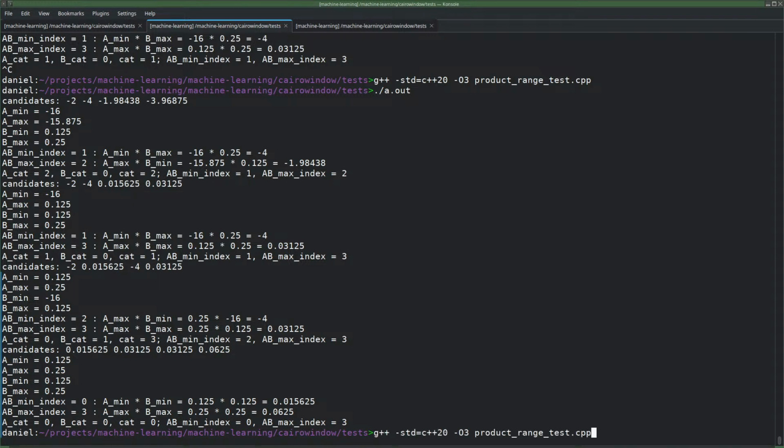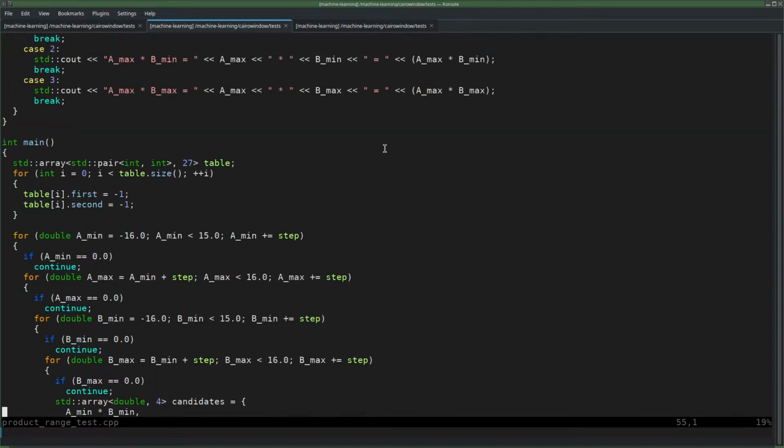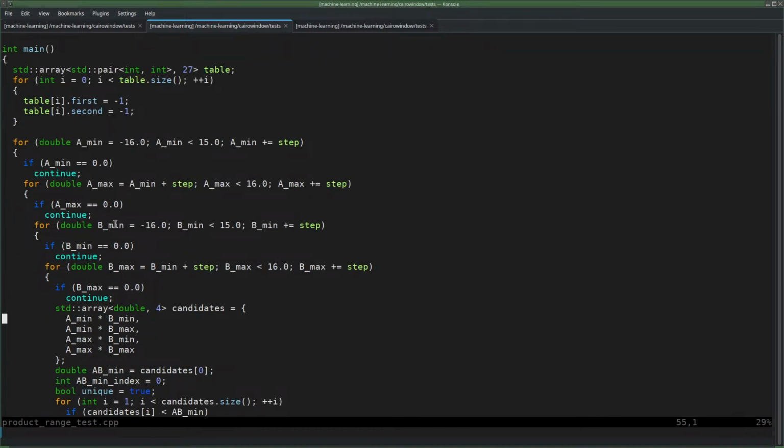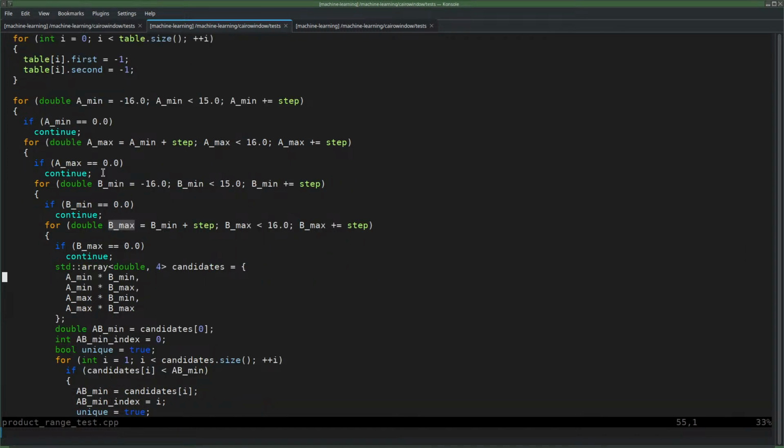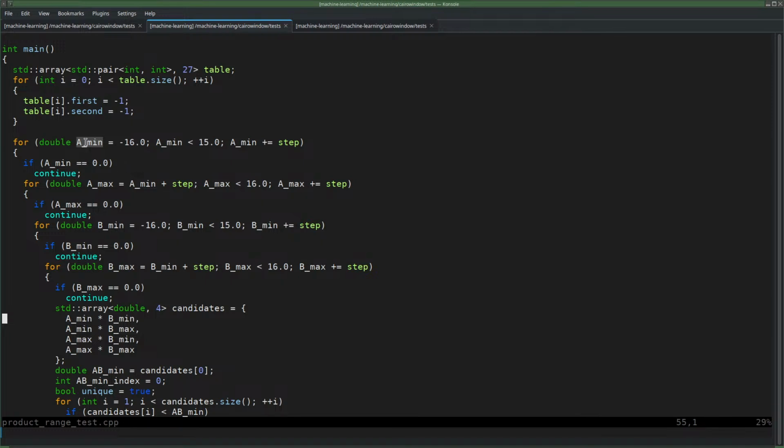So I call them A min and A max for A, and B min and B max for B. Doesn't matter that I give them values here. That's the given. You have some value for A min and A max, and of course A max is larger than A min.